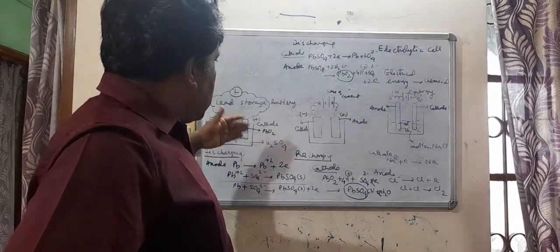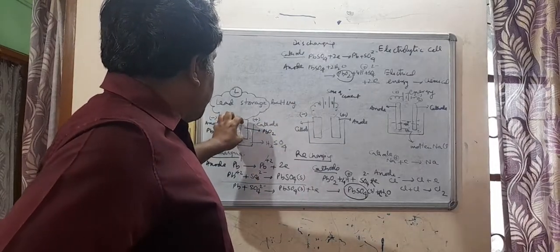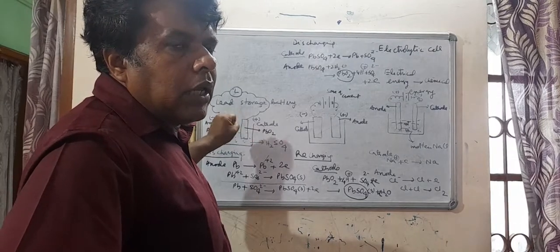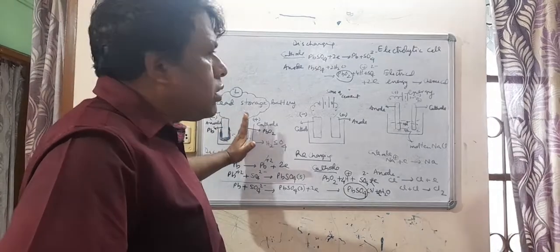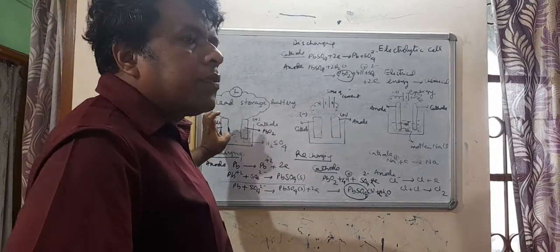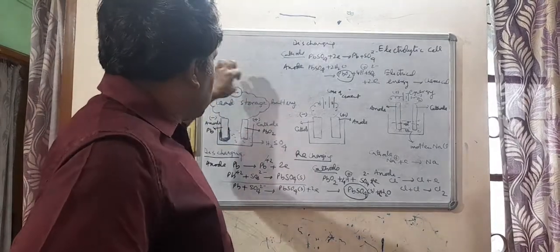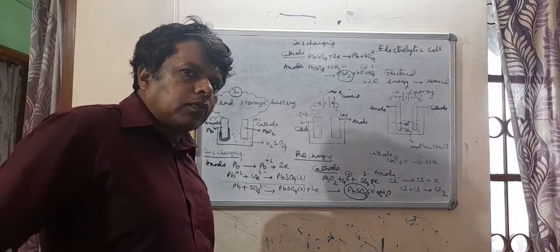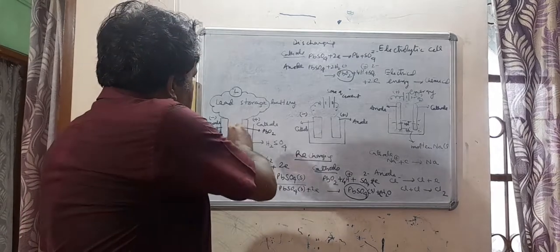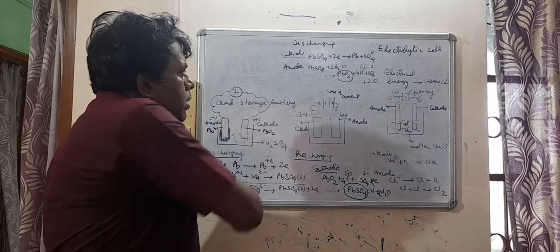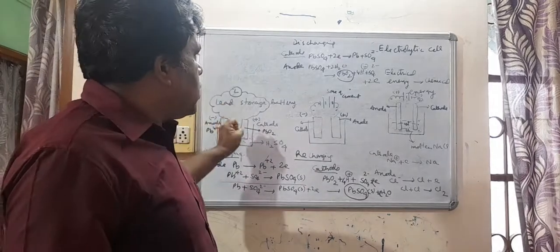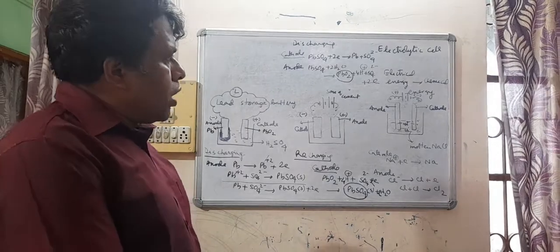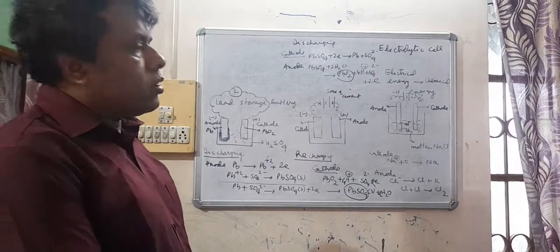Then in an actual lead storage battery, 6 cells like this are kept in series. So if each gives 2 volt, the lead storage battery will give us 12 volt. I have just taken one cell as an example, but 6 cells are combined together. So this is what is known as the lead storage battery, and its working.